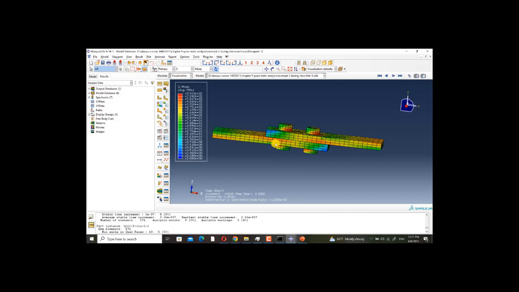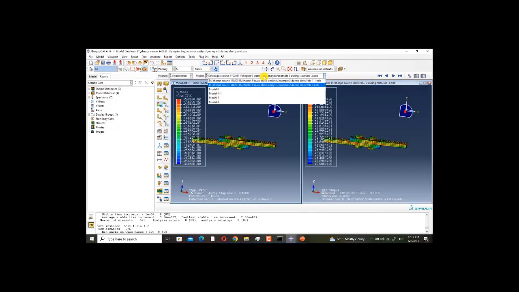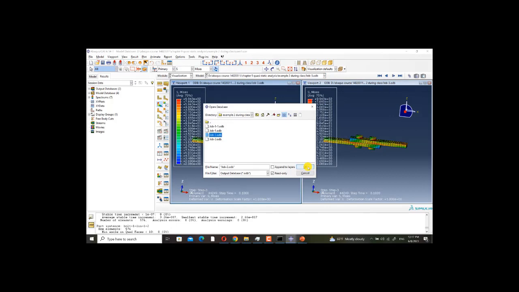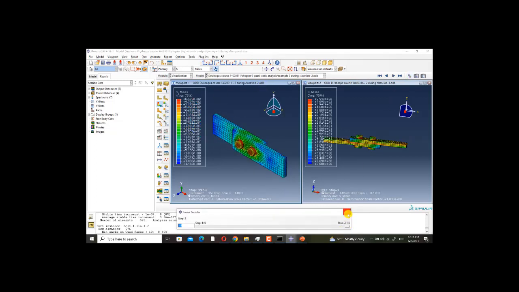If you see here, I create another viewport. I open job 2, and this is the end of job 2.